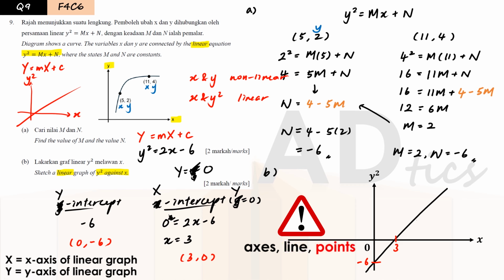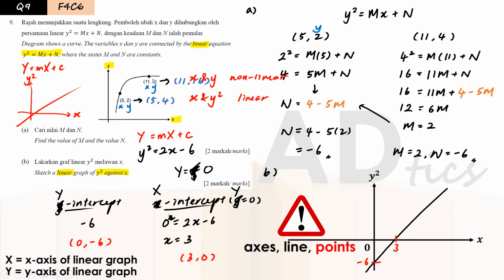What we need to do here is very simple. We are just going to adjust the coordinates from (x, y) to become (x, y square). So the x coordinates will not change, but for the y values, we need to square them. The 2 here, because we are changing to y square, will be 4.